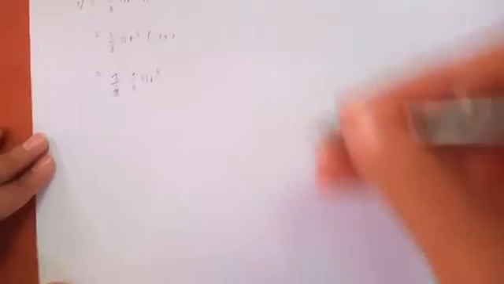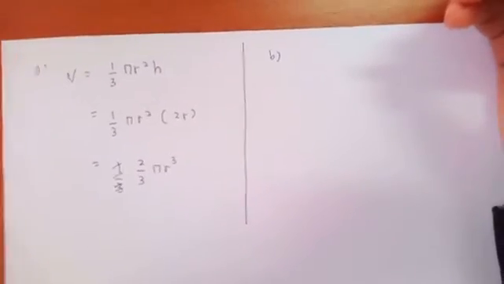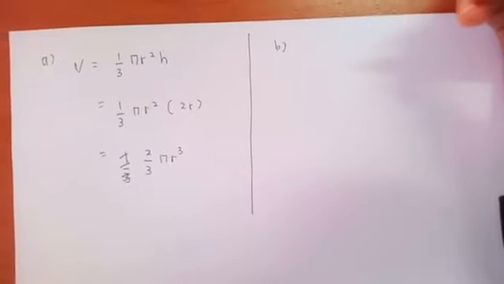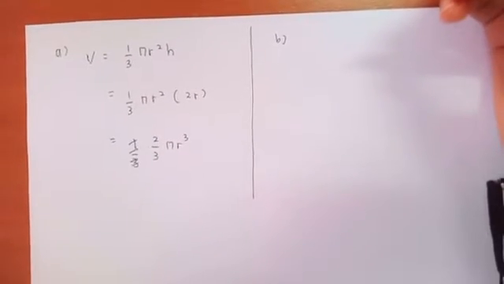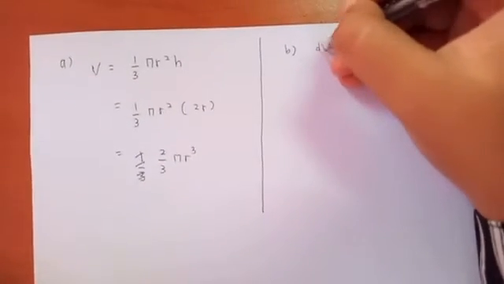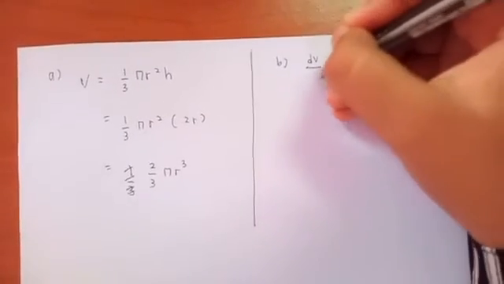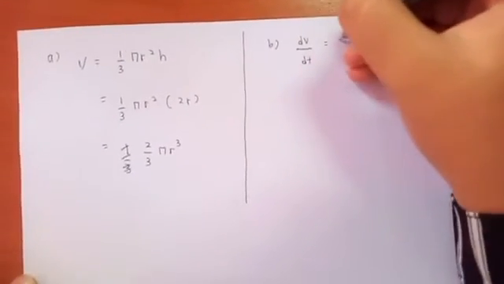Okay, so then we proceed with question B. How fast is the radius of the surface of the water changing? Okay, so dV over dt equals 15.